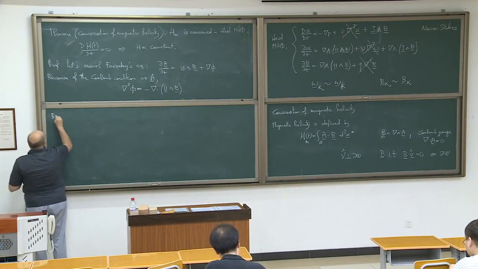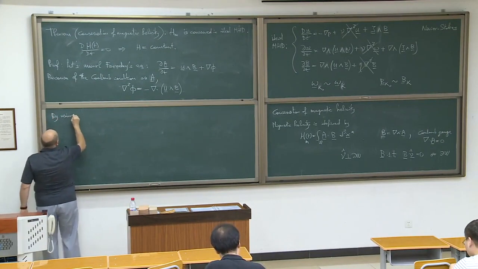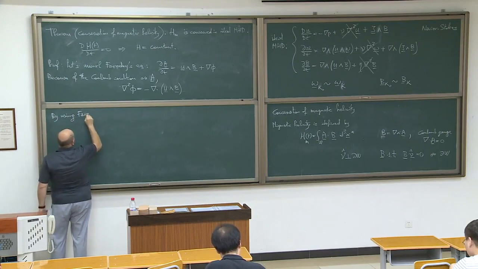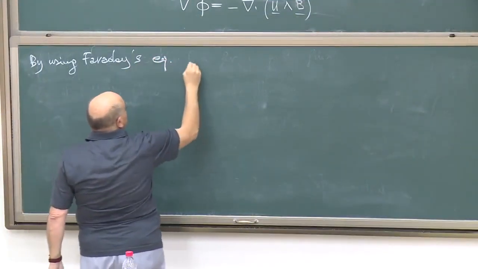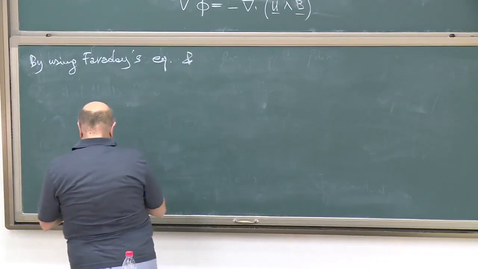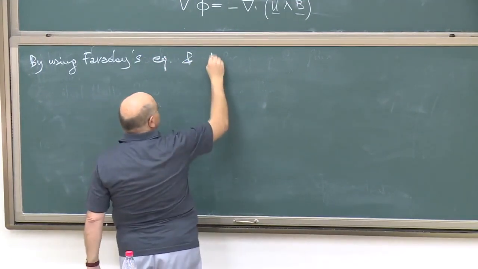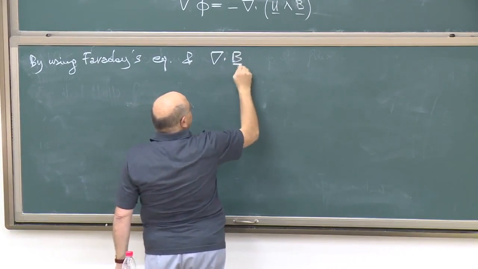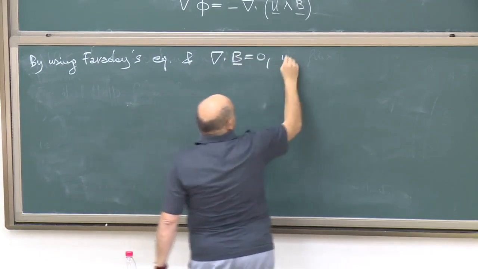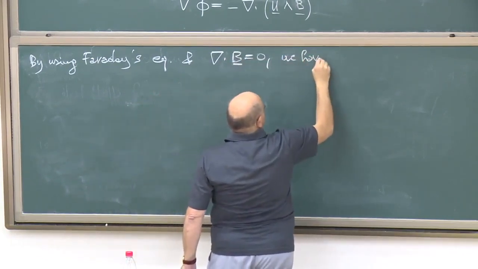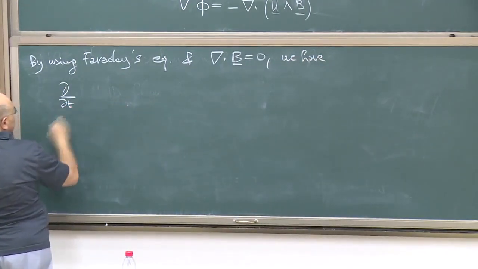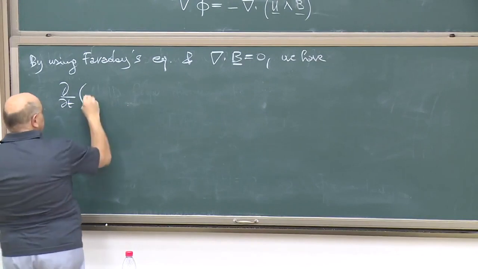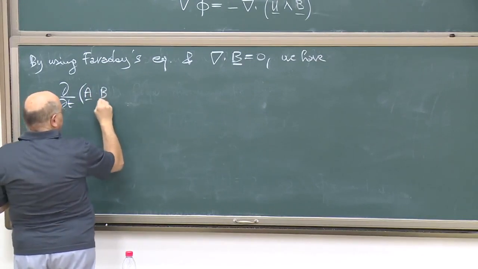Now, by using Faraday's equation and the solenoidal condition for B, div B equals 0, we have to construct the derivative d/dt of something, A dot B in our case.